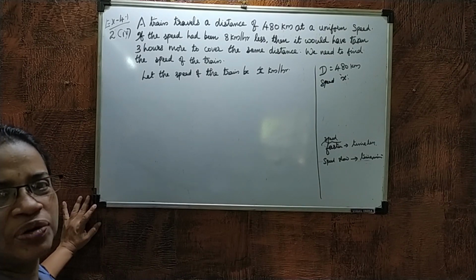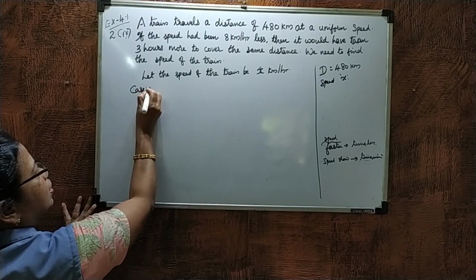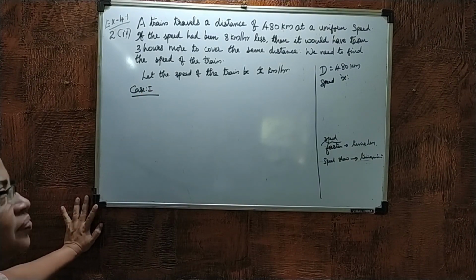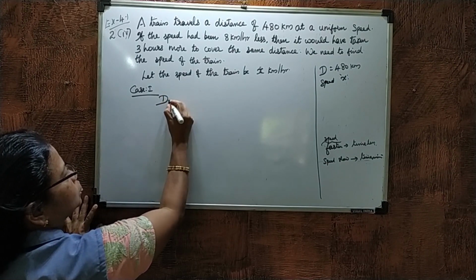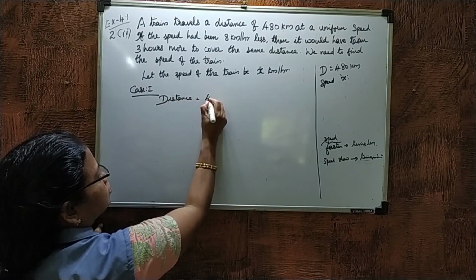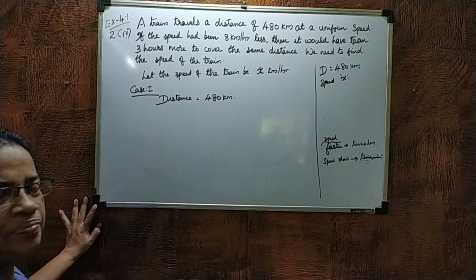So we will take case 1 and case 2. For case 1, what all things do we have? Distance is given. So distance is equal to 480 kilometer. What about time?